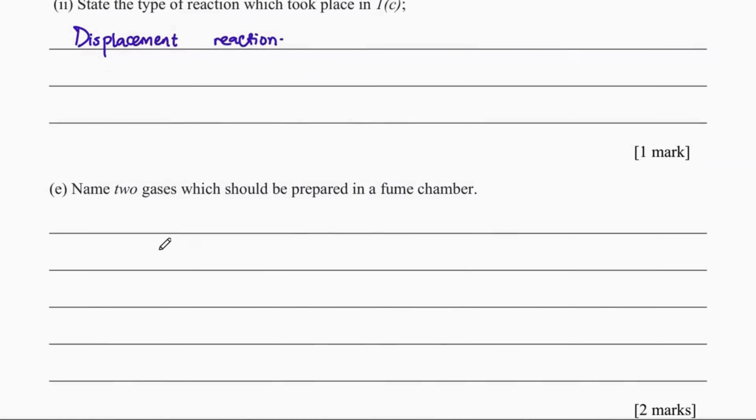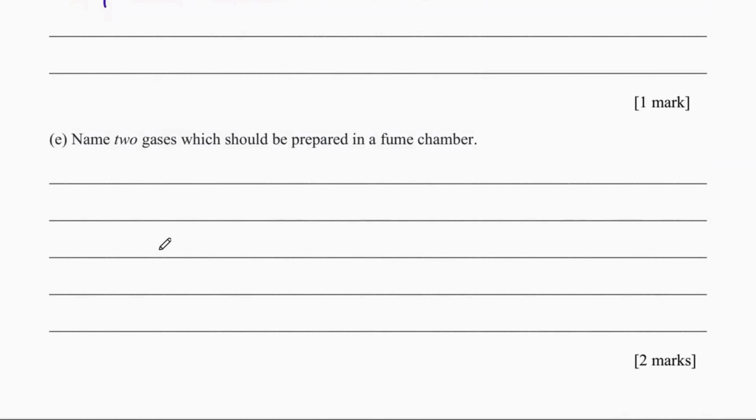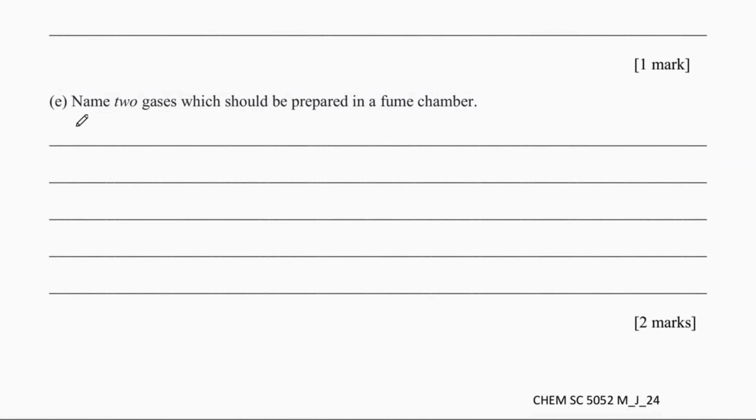Next question says, state two gases which should be prepared in a fume chamber. Now, the gases that are prepared in a fume chamber are toxic gases, okay, that you would have to be cautious of the fumes that can be produced from it. So these chambers help to protect the person carrying out or handling these gases.